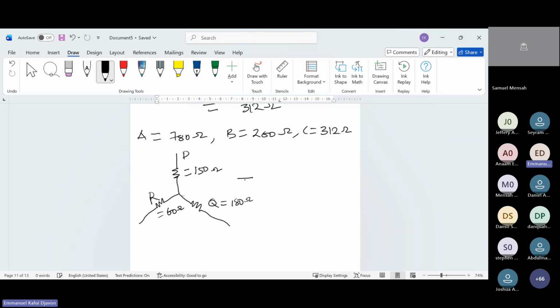Now, the equivalent network in delta will be like this. Let me use a different color.